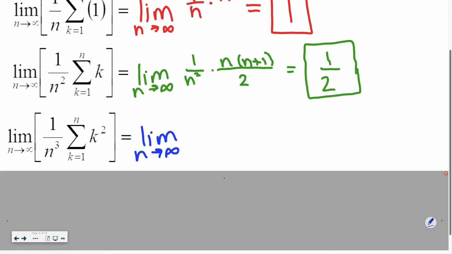So we have the limit as n approaches infinity. 1 over n cubed is our constant that we've already pulled out from the summation. And then we have a shortcut. If we have the sum from k equals 1 to n of k squared, then that is going to be n times n plus 1 times 2n plus 1 all over 6.